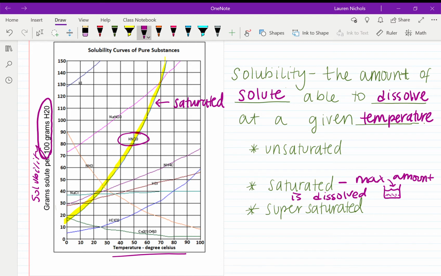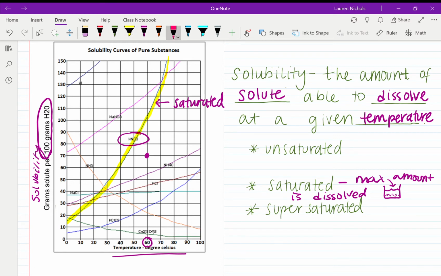So if we have, for example, 70 grams of potassium nitrate at 60 degrees Celsius, that point would be right here, because we can see where it is relative to 70 and to 60. So that is where our point is. This point we can see is under the curve.